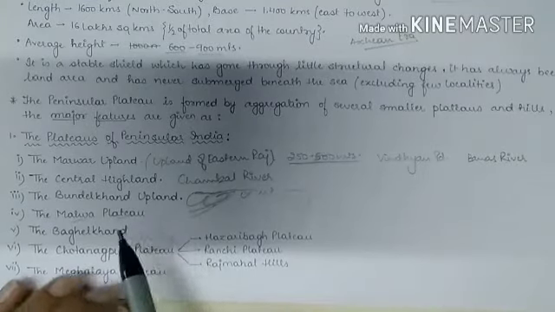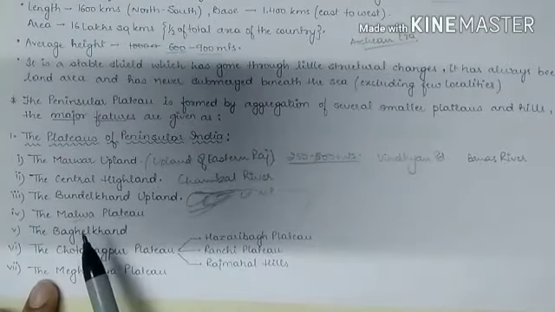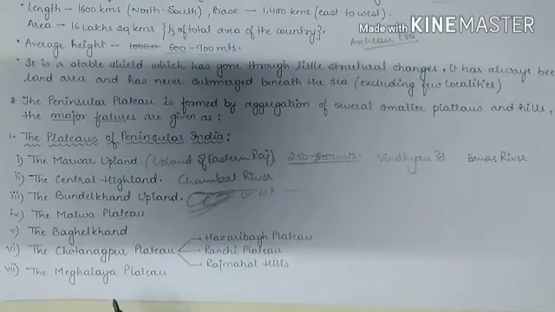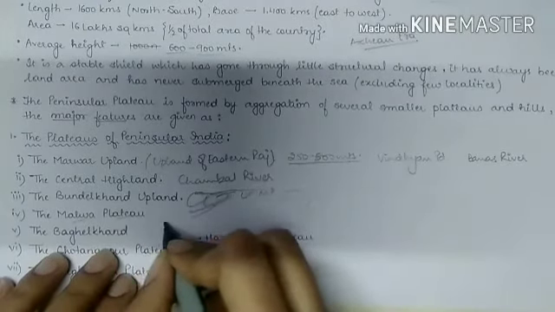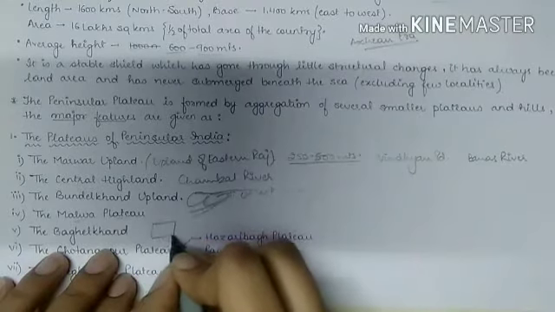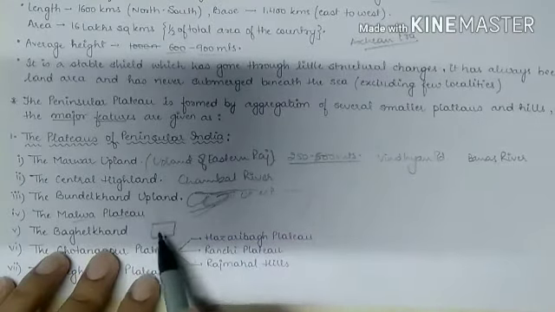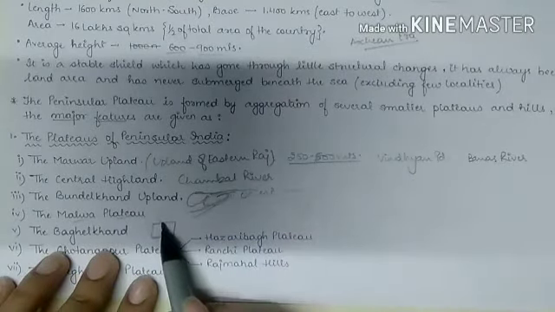Okay, then we have Baghelkhand. The Baghelkhand lies in the east of Maikal Range, and it is made up of limestone and sandstone. So if this is the Baghelkhand, then it has two parts.